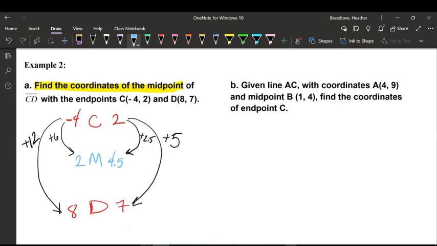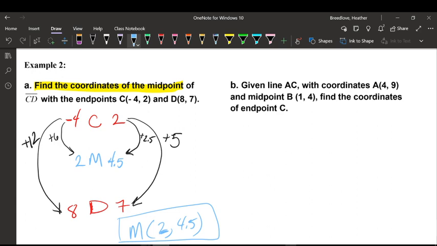So my point. Yeah. So the midpoint is at 2 and 4.5. Miss Valdez showed me that years ago. I'm like, never teaching it the formal way again.